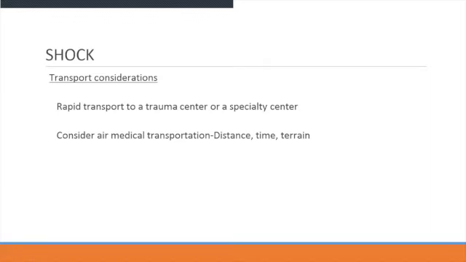So if we call for a helicopter, helicopter comes to us, they take off with our patient, we can actually get the patient to the hospital anywhere between 5 to 10 minutes faster than that helicopter can. If we get on scene, keep our scene time less than 10 minutes, and start rapidly transporting to the trauma center.